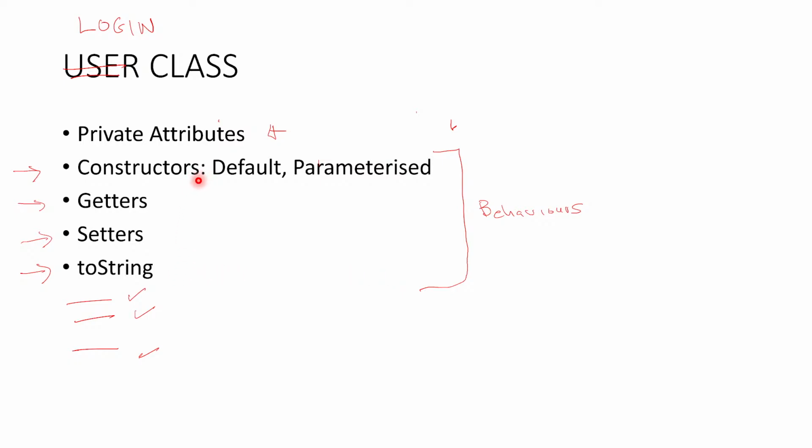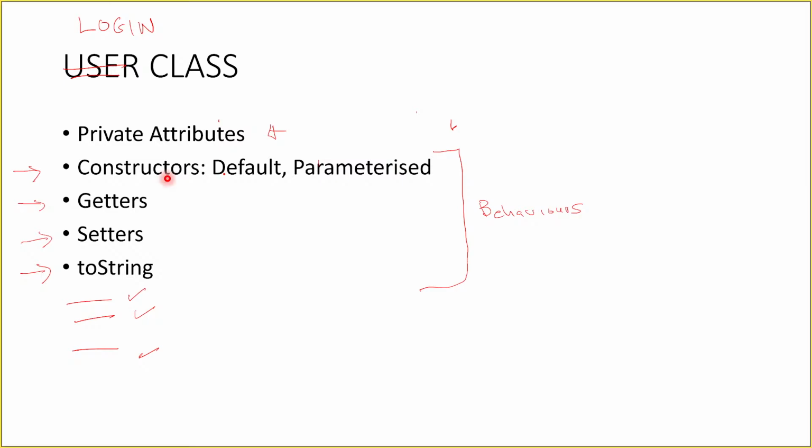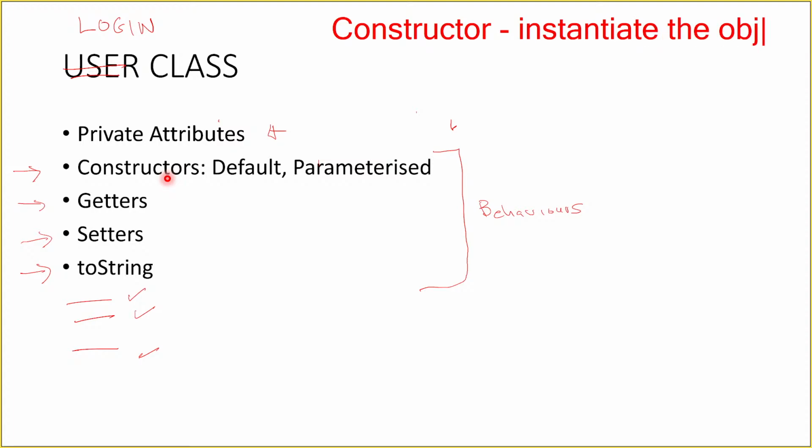Now let's just quickly talk about these and what each of these mean. So we have what we call constructors. Constructors are methods. The constructor is used to instantiate the object.